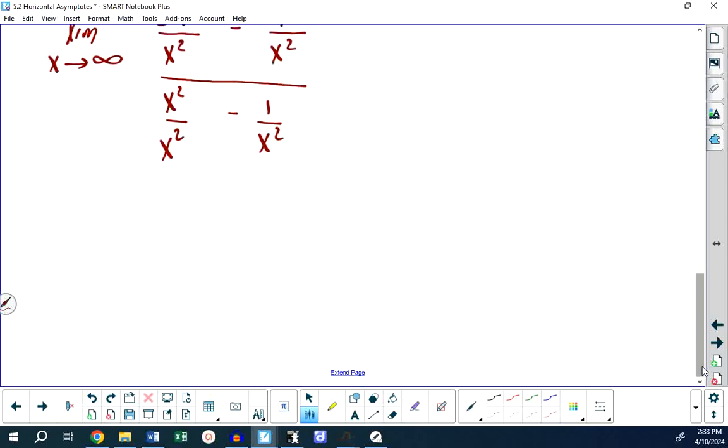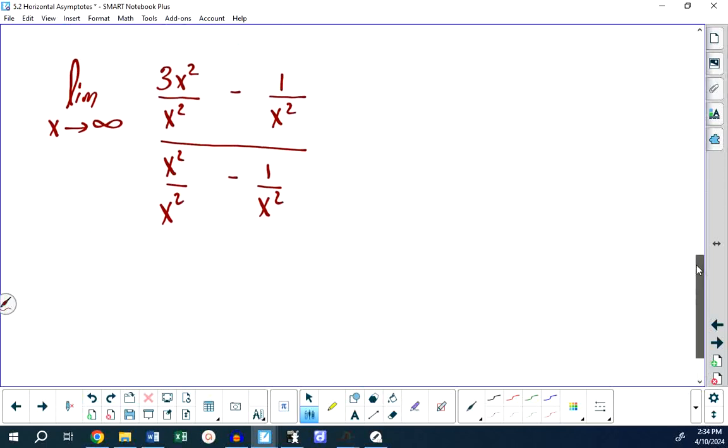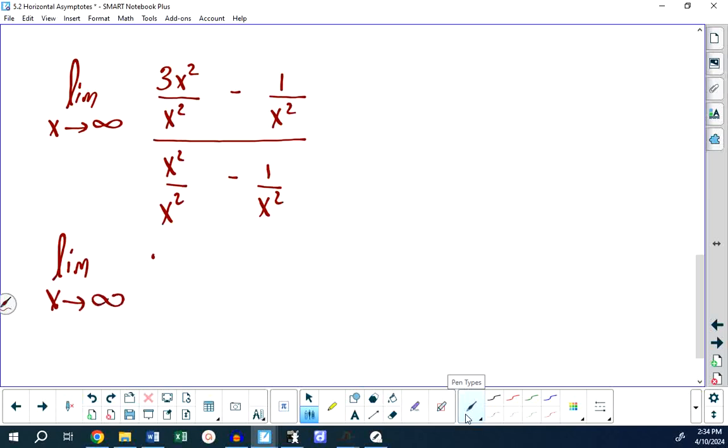And we can simplify that now. On the top, we have the limit as x approaches infinity. On the top, we have 3 minus 1 over x squared, because 3x squared over x squared is just 3. And on the bottom, we have 1 minus 1 over x squared.